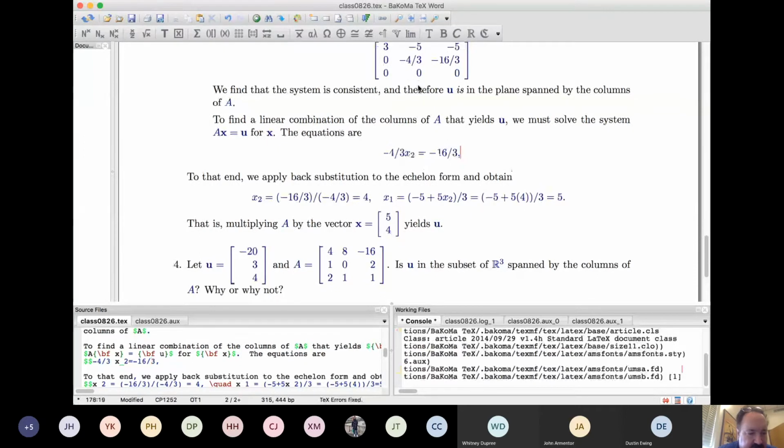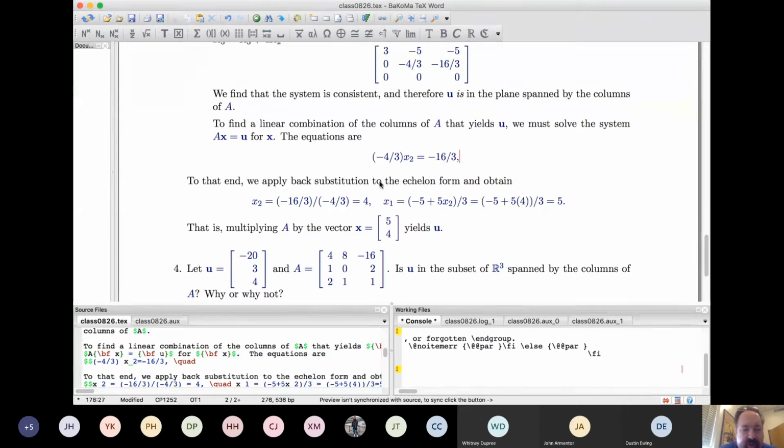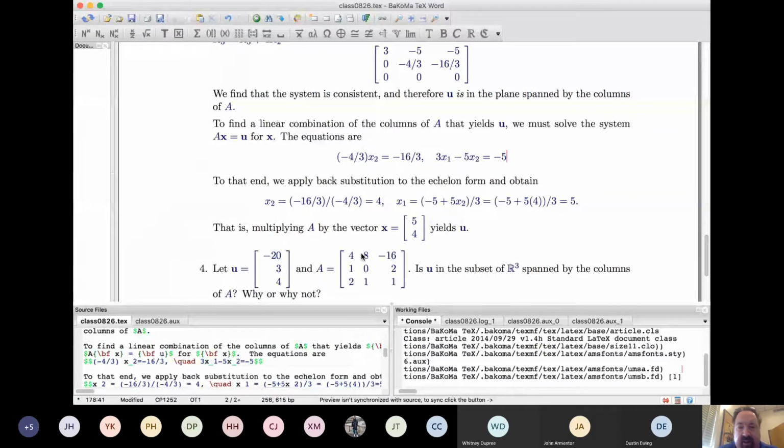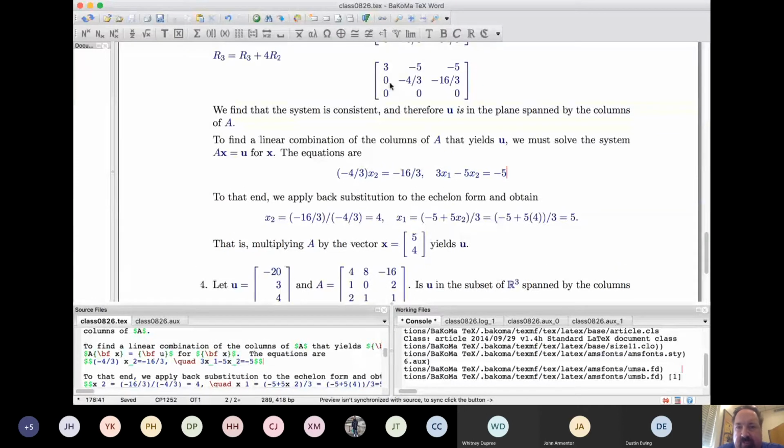We'll put parentheses around that so there's no ambiguity. So we solve that first for x2, and then the other equation is 3x1 minus 5x2 is equal to -5. That's what we're solving here, so you need to be able to read that off from the echelon form.